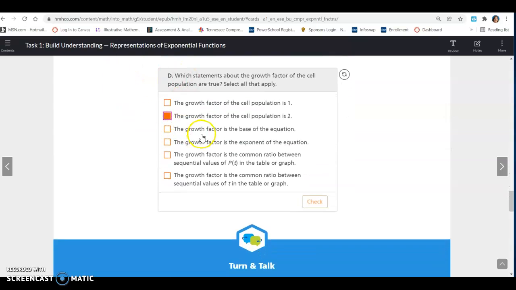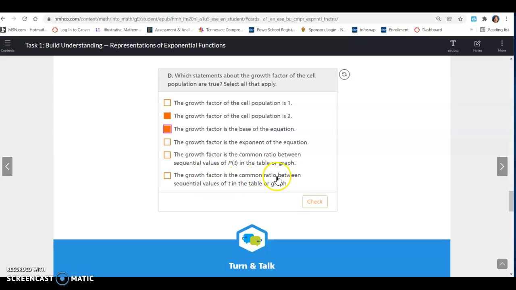All right, the growth factor is the base of the equation. That is also true. And the growth factor is the exponent of the equation. That's not true. It's not the exponent. The growth factor is the common ratio between the sequential values of P of t in the table or graph.